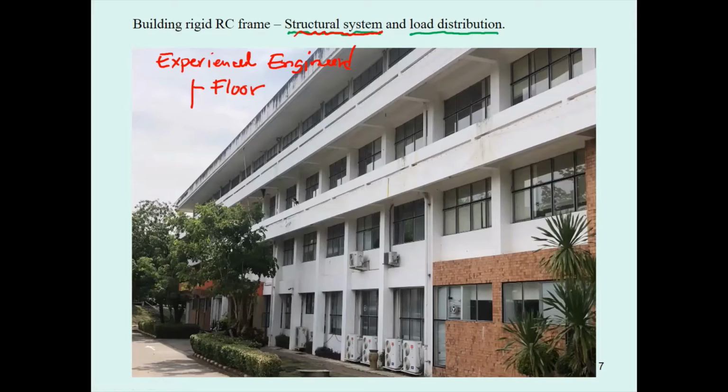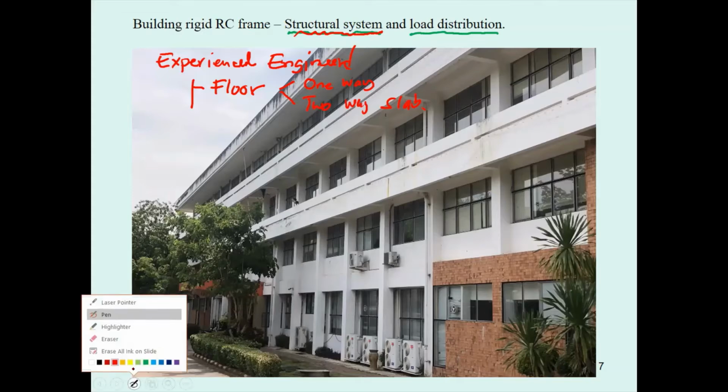They didn't model it in 3 dimensions, but they consider the floor of the structure. It can be a one-way or a 2-way slab. Then they use the one-way load distribution or 2-way load distribution to analyze the floor or the slab, and then design it.